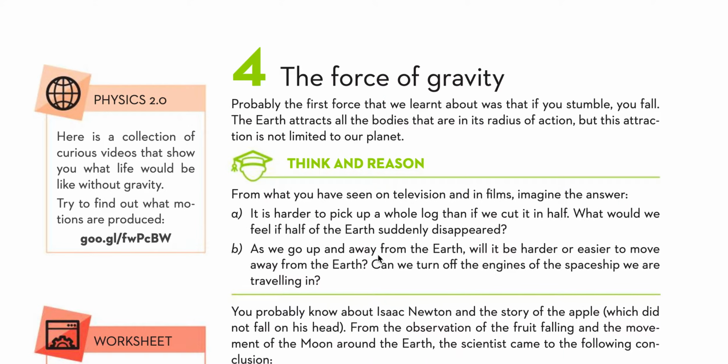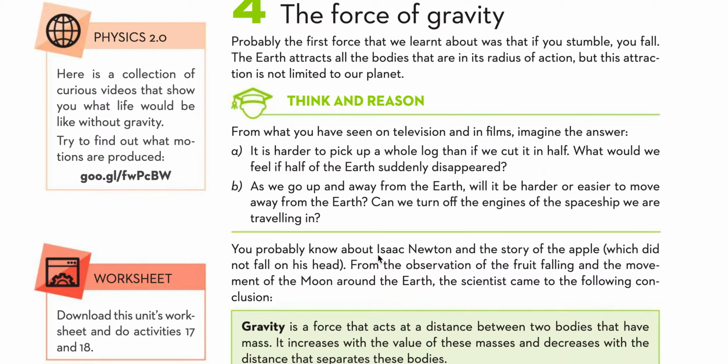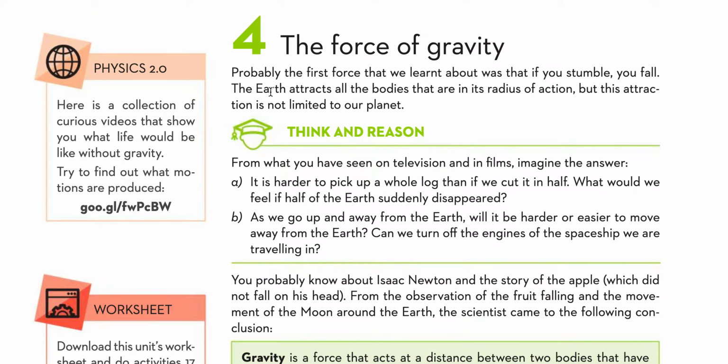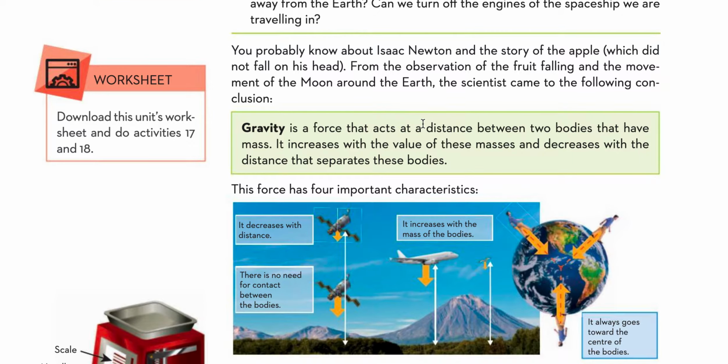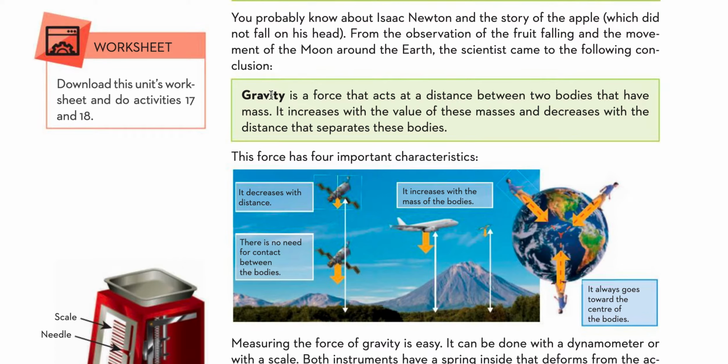The force of gravity is another type of force that we can see in everyday life. For example, our planet, the Earth, attracts other bodies that are within its radius of action. But this attraction is not limited to our planet. So gravity is a force that acts at a distance between two bodies that have mass. So mass is important.